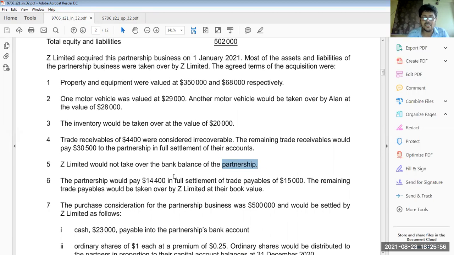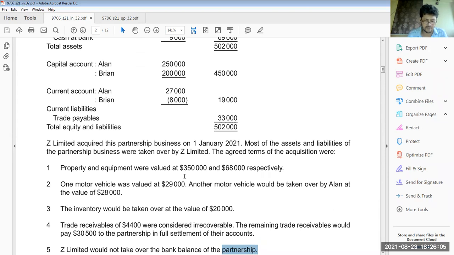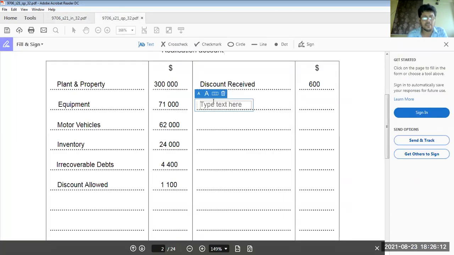Partners are paying 15,000 after settlement of 600 discount. Okay. The remaining. So total accounts payable is 33,000 minus 15,000. It's 18,000 is taken up by the Z company. So accounts payable or trade payable is going to be recorded over here as 18,000. Okay. Discount received, trade payables.